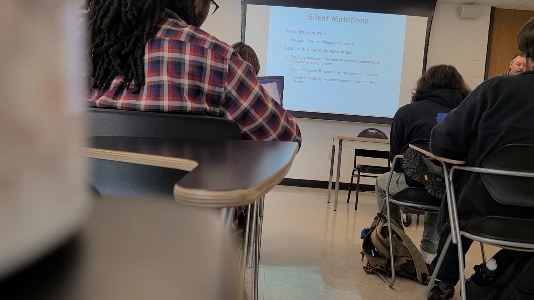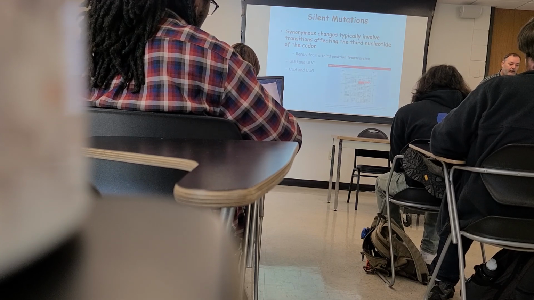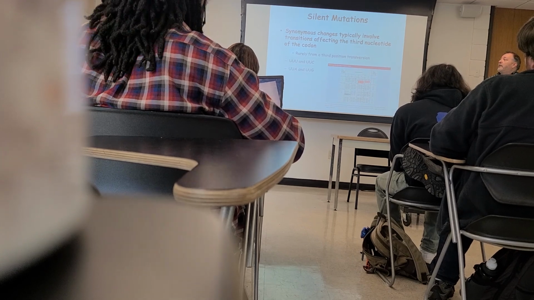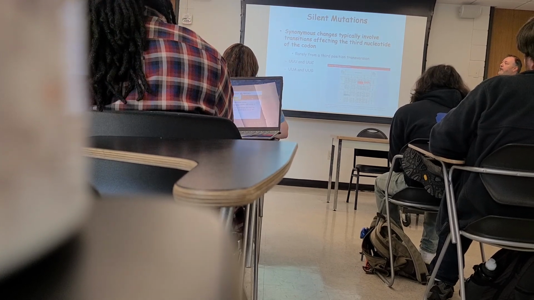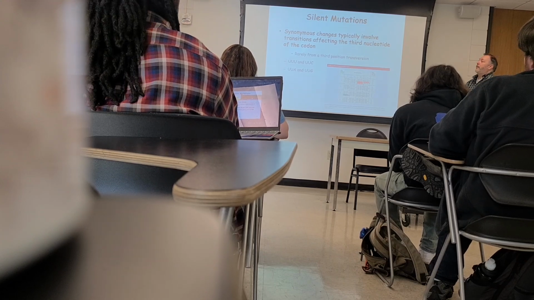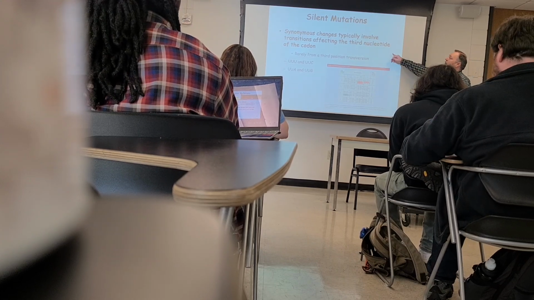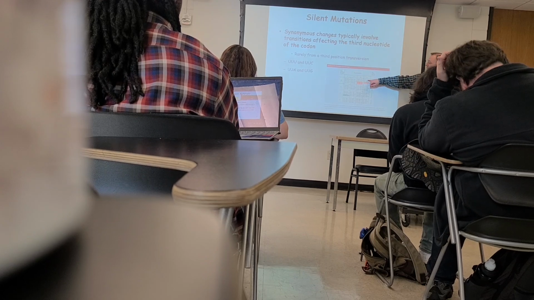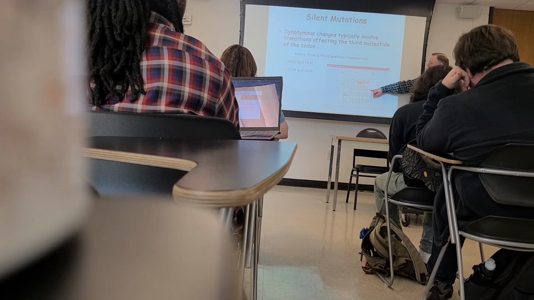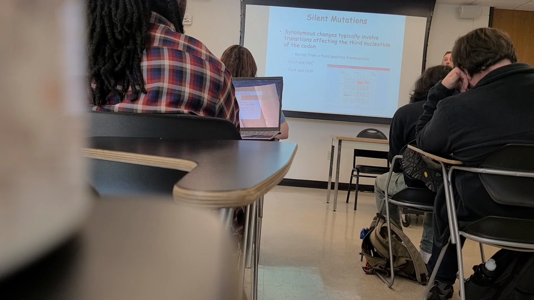But if we dive into the molecular biology of why this silent mutation actually works, we need to think about our codon and which positions are variable and which positions are not variable. And remember, the third nucleotide of the codon is the one that can be changed without changing the amino acid, especially if it's a transition change.